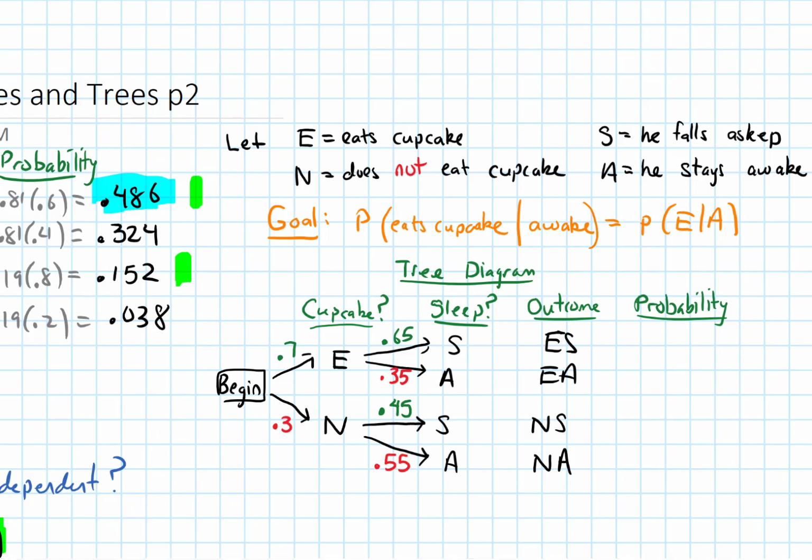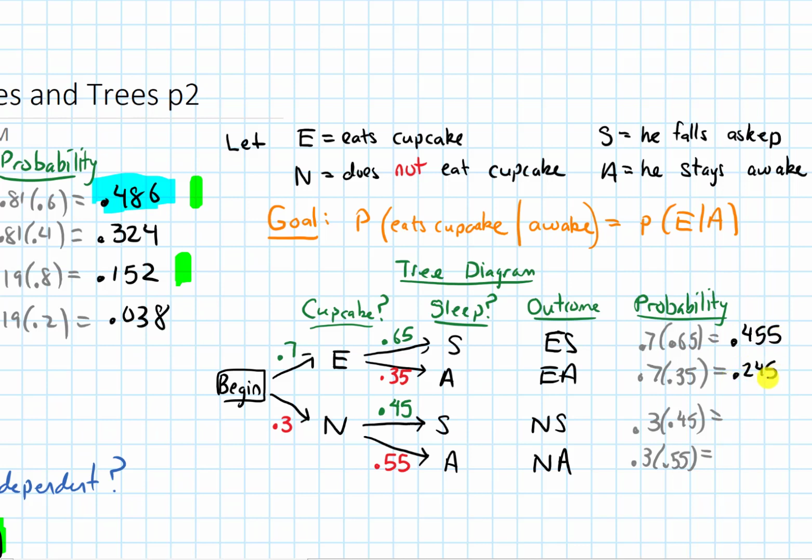Now for the probabilities of the outcomes. Multiply 0.7 times 0.65, 0.7 times 0.35, 0.3 times 0.45, and then 0.3 times 0.55. Working out these values, this is 0.455, then 0.245, the next one is 0.135, and finally 0.165.